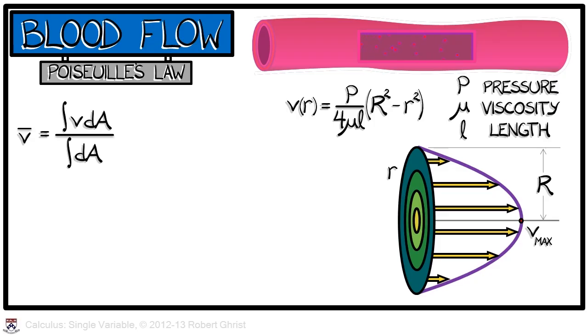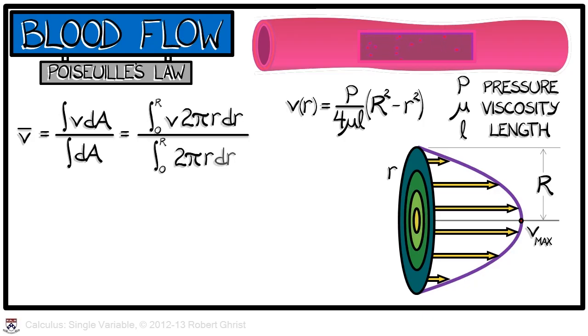Now, in this case, what do we integrate with respect to? It's got to be with respect to the area element, since we're taking a cross-sectional area. V bar is the integral of v dA over the integral of dA. In this case, dA is an annular strip with constant little r, that is 2 pi r dr.